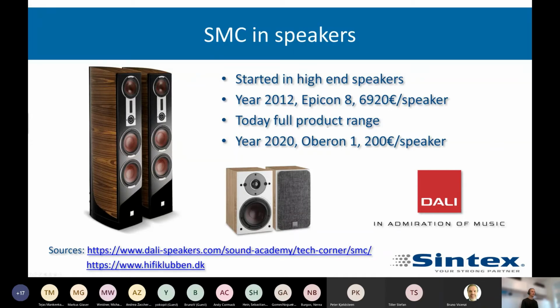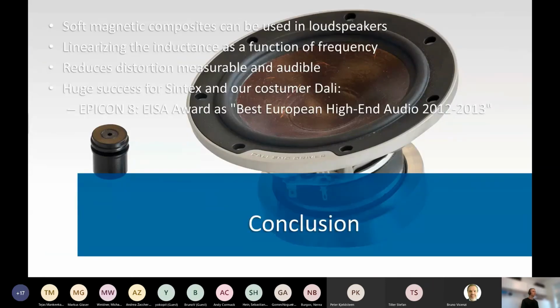But today you have a full product range of speakers from Dali with SMC. So you can buy a speaker now for only 200 euro. And if you're interested, you can click on these links or write them down.